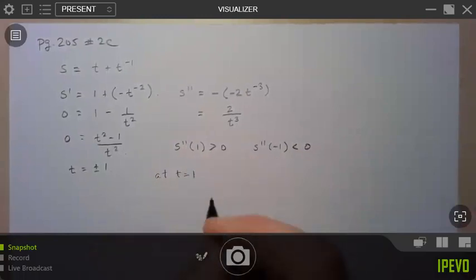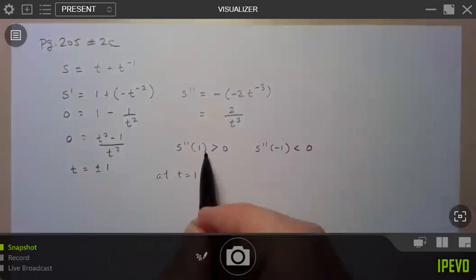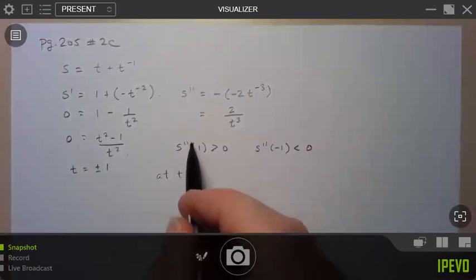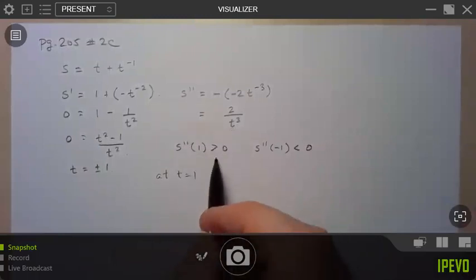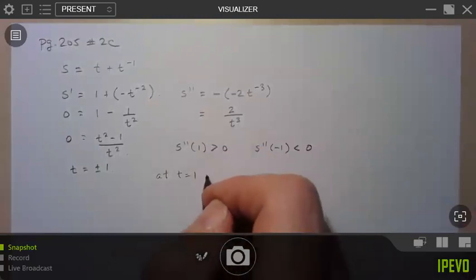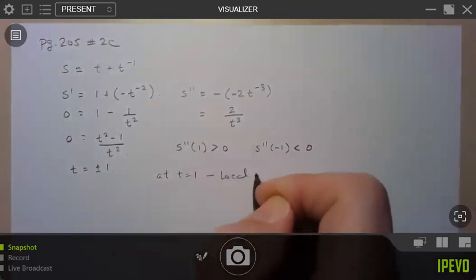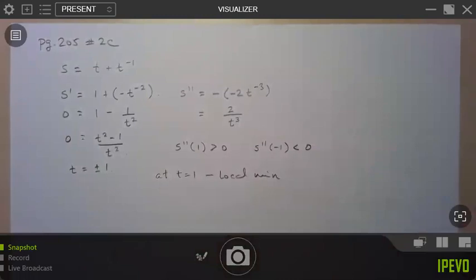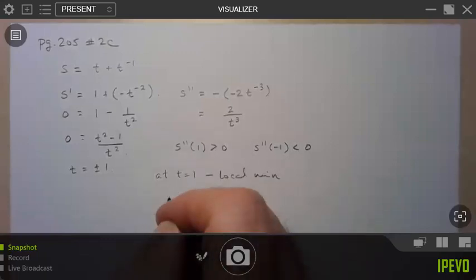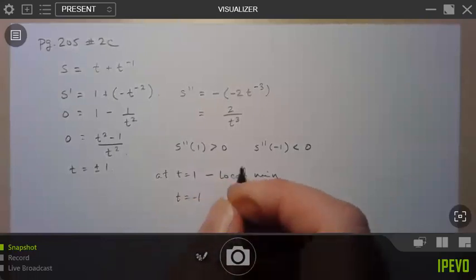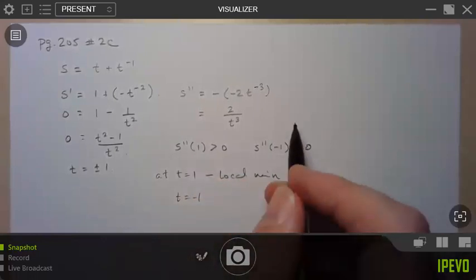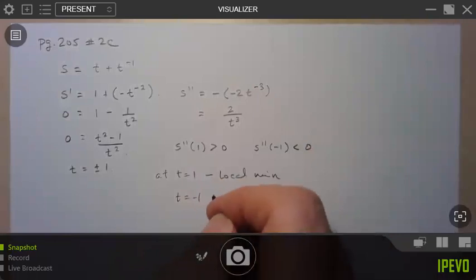At t equals 1, our first derivative is 0, and our second derivative is positive, so that means it opens upward, so we have a local min. Okay, and let me just check if they're looking for the actual critical points. So I guess I'll have to actually find that point, and then at t equals negative 1, since it's concave down, we know we have a local max.